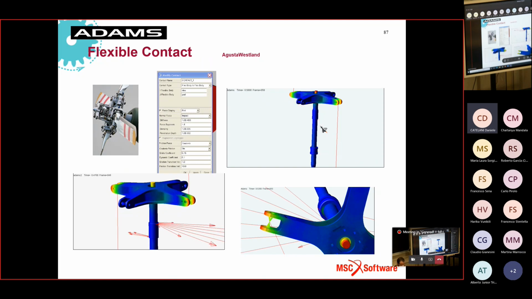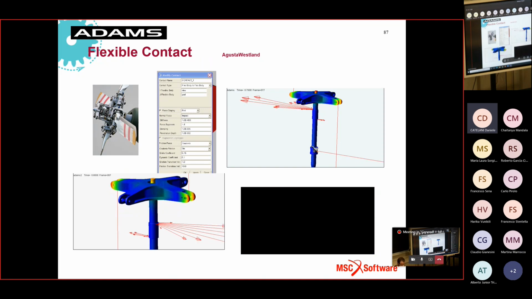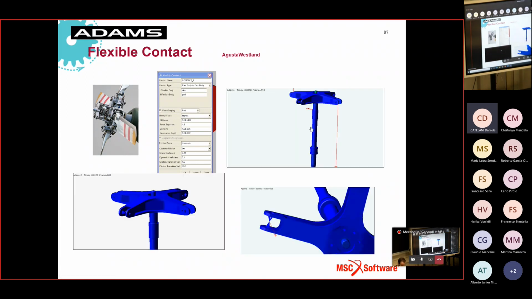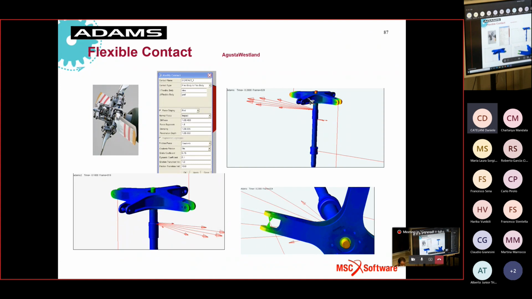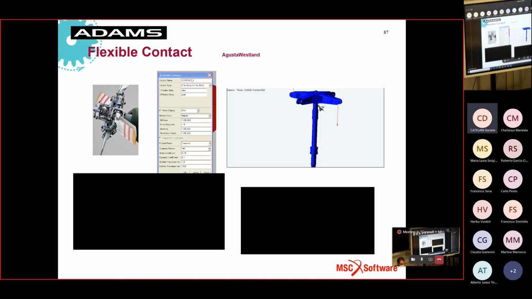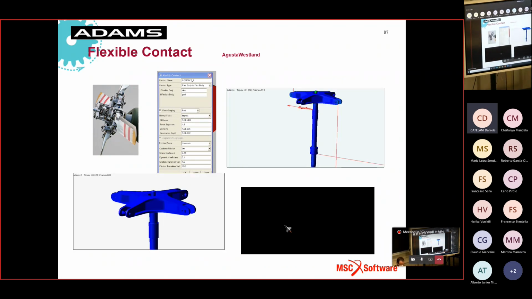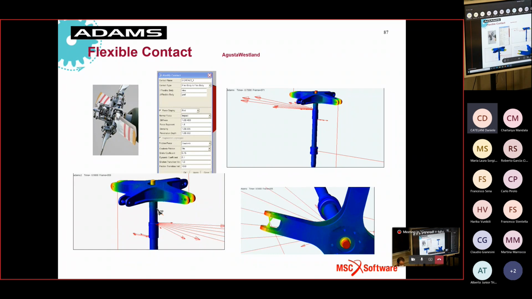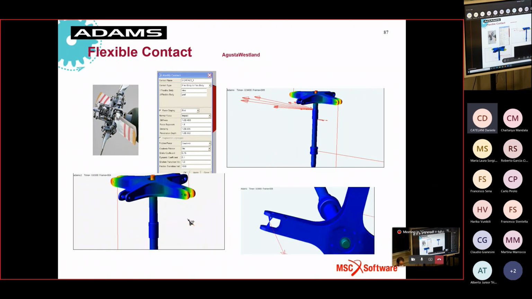When you have to consider the variation of the content in terms of stiffness matrix and mass matrix during the movement of this tail rotor, you have different regions of contact between the bushing and the bearings and the flexible shaft and the flexible hub. You have different frequencies in the full system.